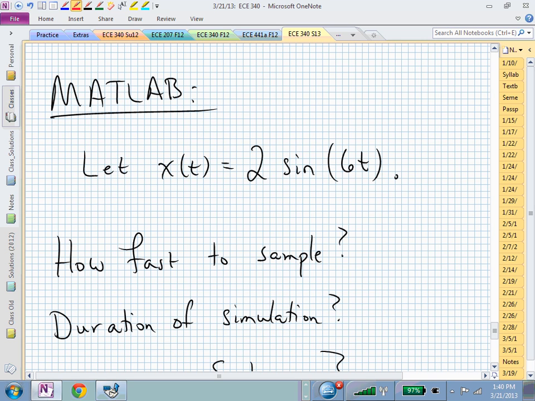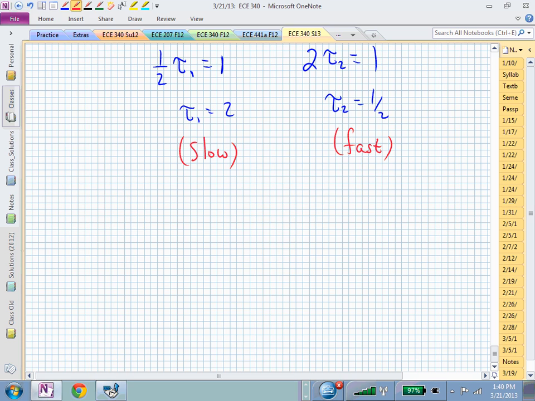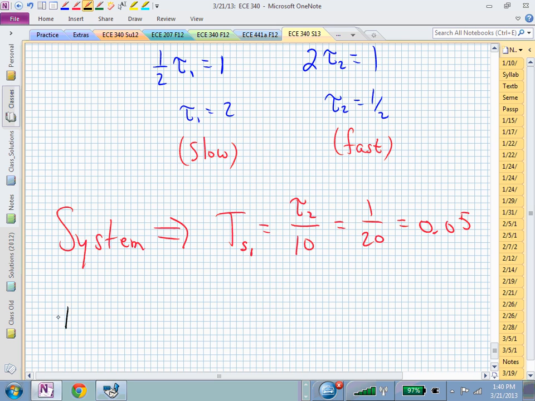From our system piece, if we just based our sampling on the system, we would maybe take this t sub 2, the fast one, and divide it by 10. So now we have 1 over 20. Is that 0.05?